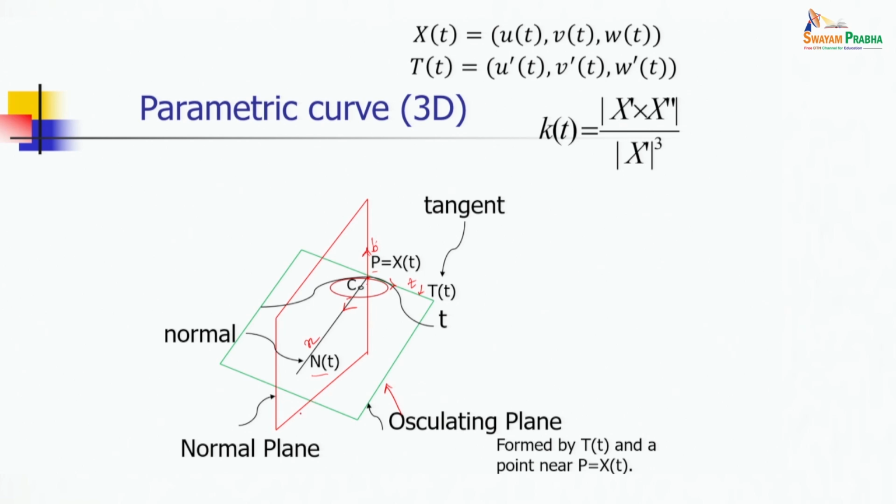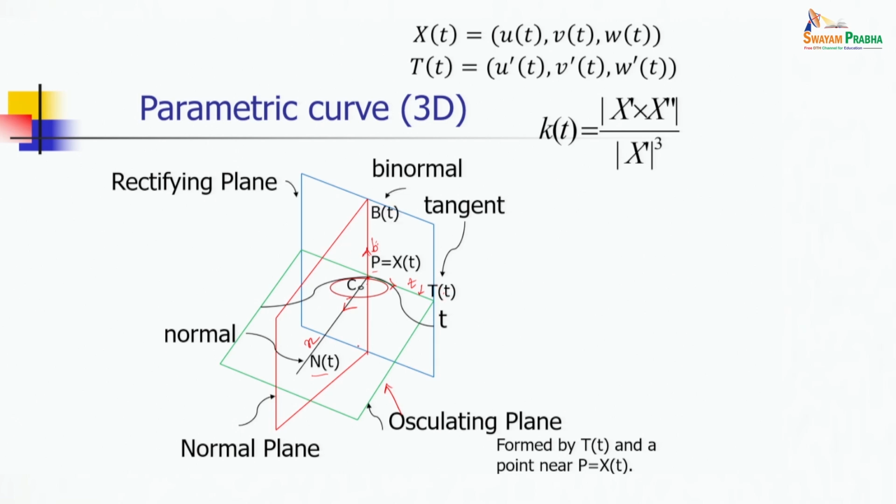And this plane, which contains this bitangent and tangent, is called the rectifying plane. Okay, sorry, this is called the binormal, not bitangent. This binormal and tangent form the rectifying plane.